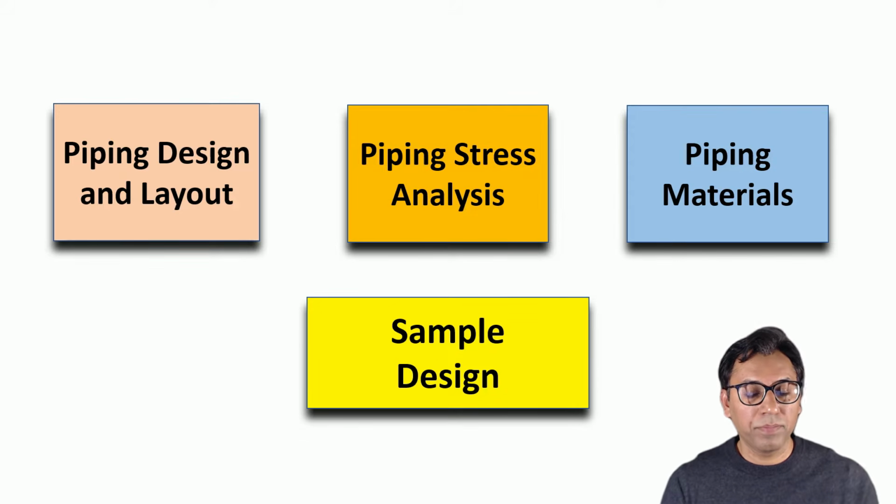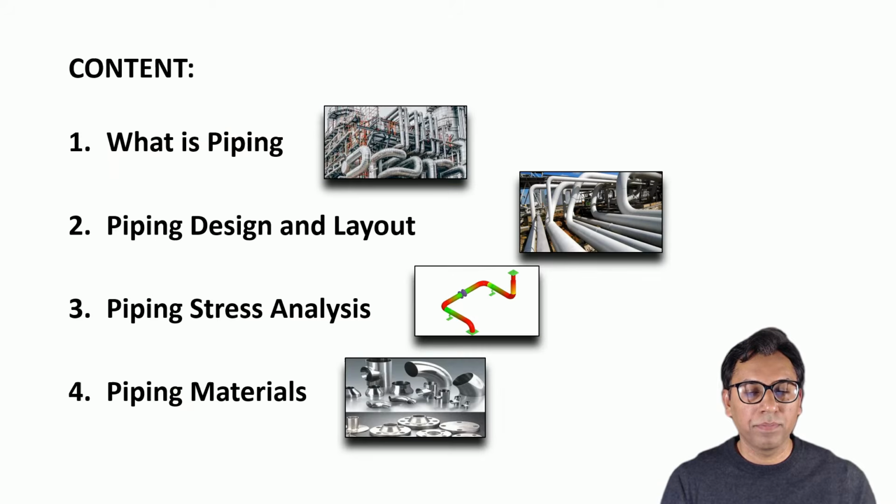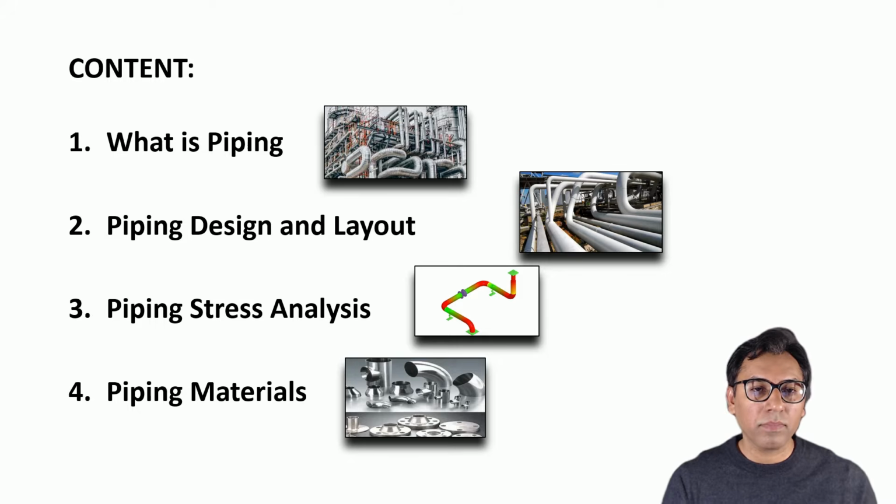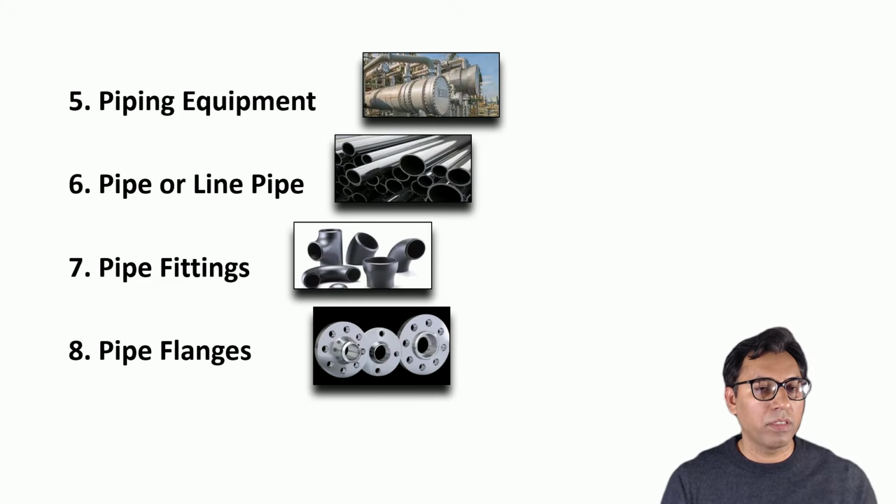So the contents of this course will be, I will talk about first what is piping, its definition, then what is piping design and layout, piping stress analysis, and then piping materials, as I just briefly mentioned in my last slide. Afterward I will use a practical example and explain all the bits of a piping system like piping equipment, pipe and line pipe, pipe fittings, and pipe flanges.